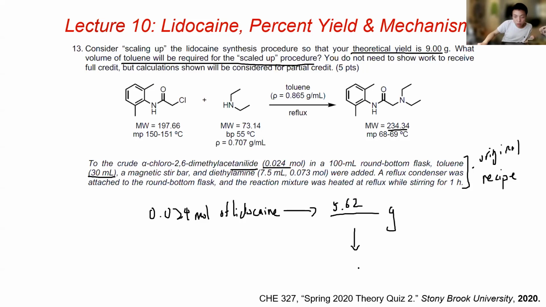And we want to scale it up to 9 grams. So how many moles of the lidocaine will be made? We do the reverse, 9 divided by its molar mass. And that'll be 0.038 moles of the lidocaine. And we know that the moles of the lidocaine is the same as the moles of the anilide.